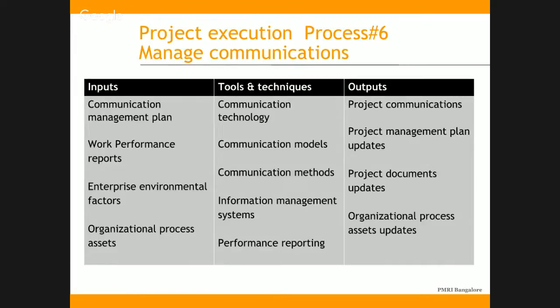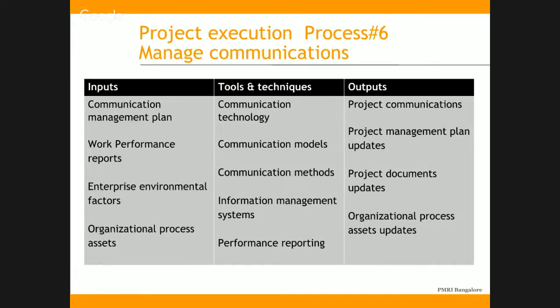When we talk about communication models, while planning a project, we have to decide whether we should go for a push model of communication, in the sense we will send the details to the relevant stakeholders. That is a push model. A pull model means these things will be published under a central repository with password rights and all, and people can come and see it.